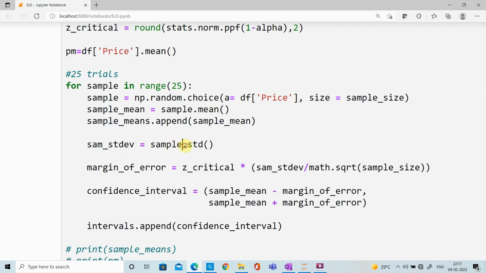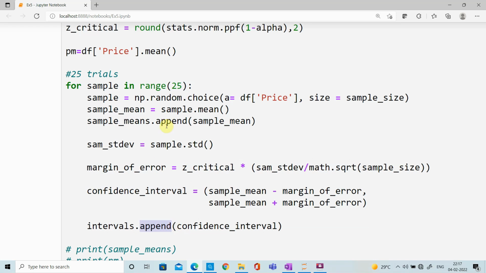And we calculate the standard deviation for the first set of samples, and based on that you calculate the margin of error using the Z critical value, the standard deviation and the number of samples, and you calculate the confidence interval. And this is for the first sample. For the first sample mean, you calculated the confidence interval. That also you append to an interval array.